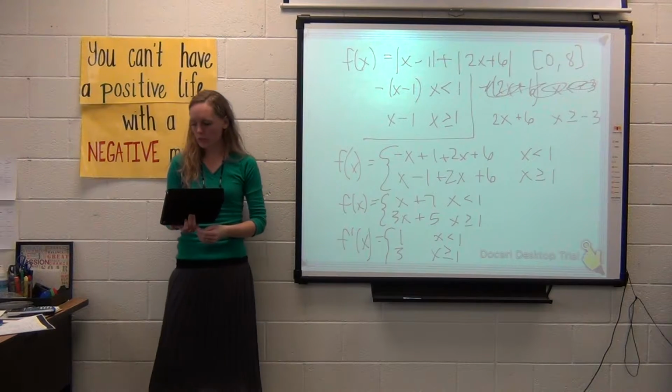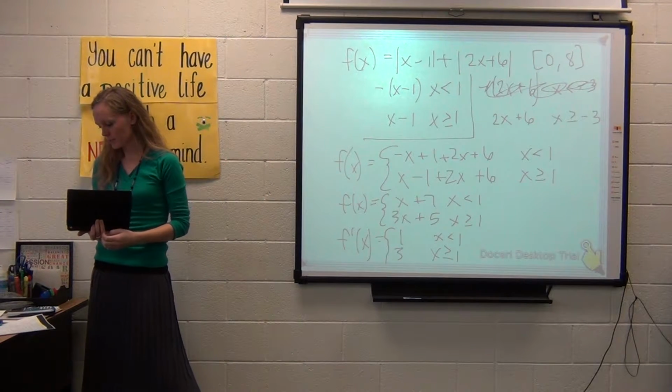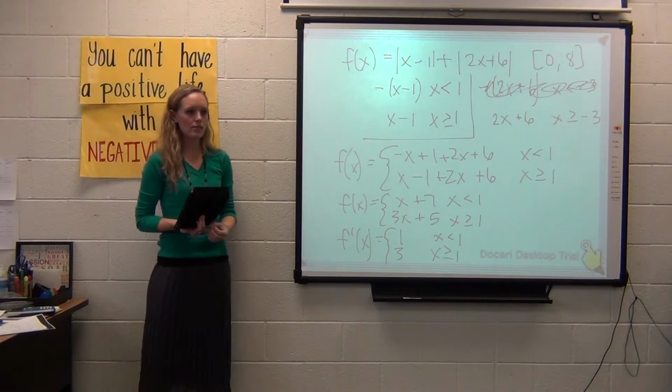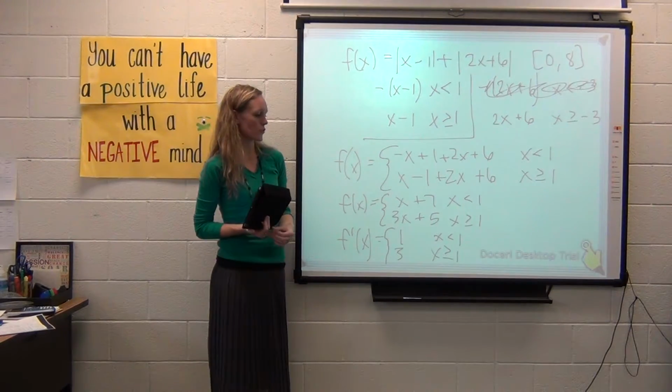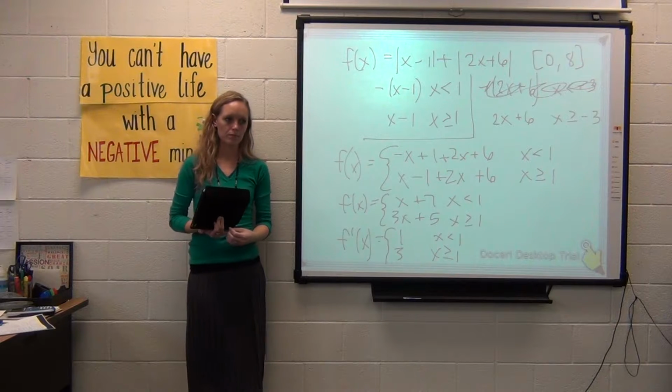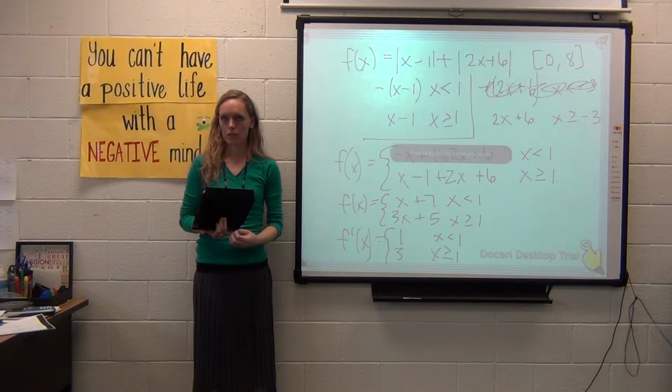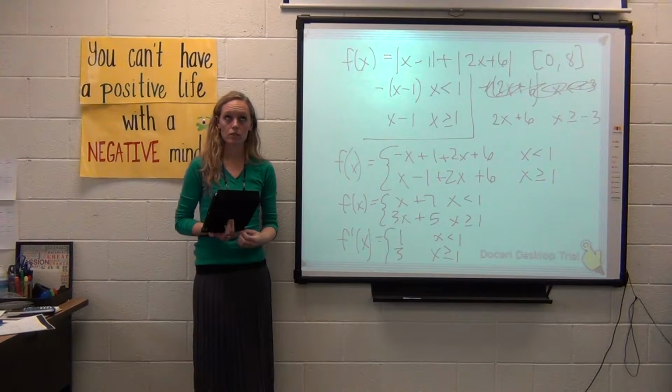If we're looking for critical numbers, what are we looking for? When the derivative does not exist. At what point does this derivative not exist? How do I do this?